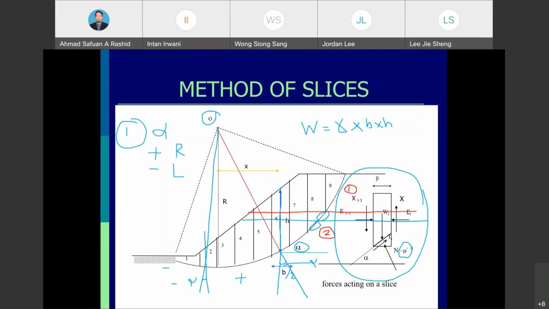Then they come up with an equation that consists of seepage or pore water pressure. And for our discussion later, the modified Bishop has considered the side force effect, which is X and E, and also considers the pore water pressure, and then he comes up with another equation. So we may learn 3 types of equations under the method of slices.